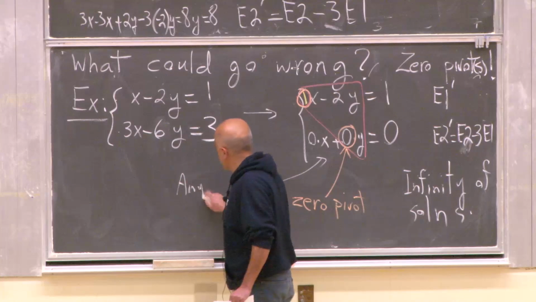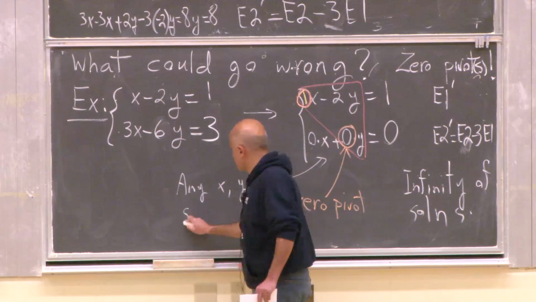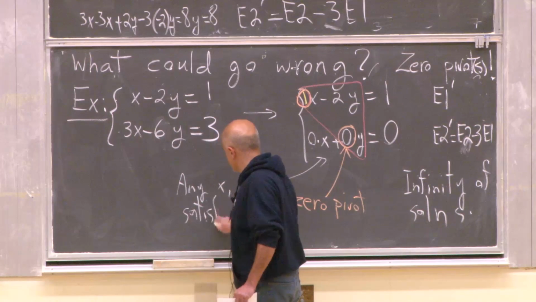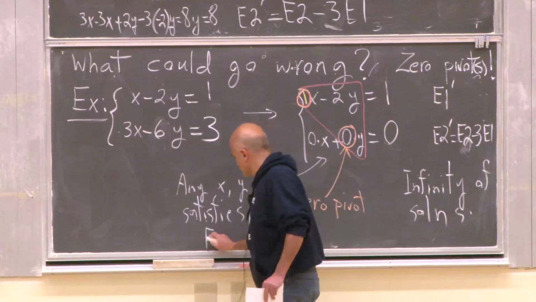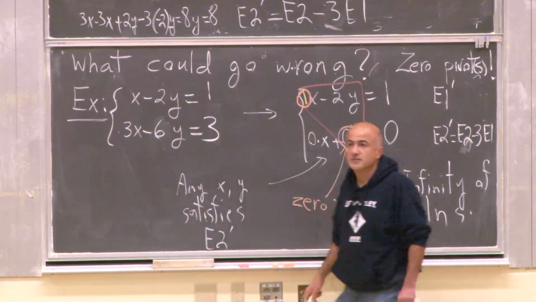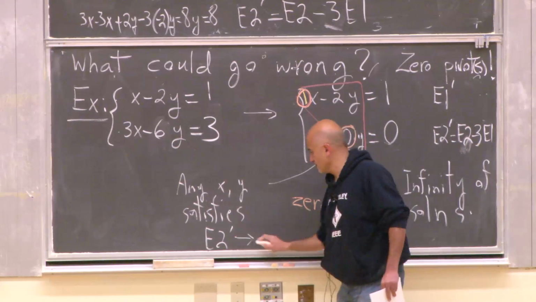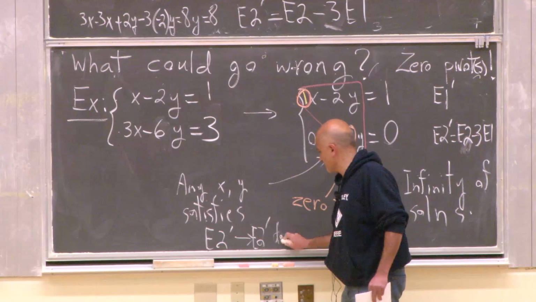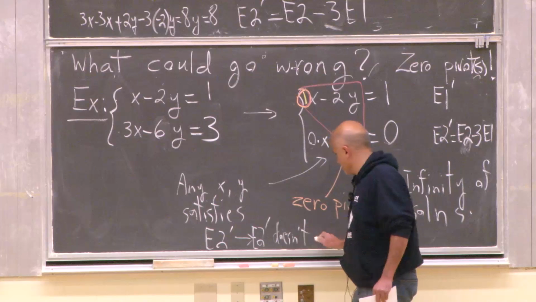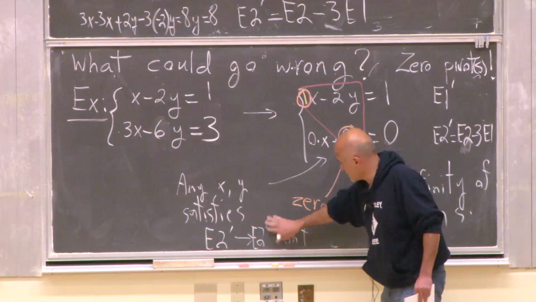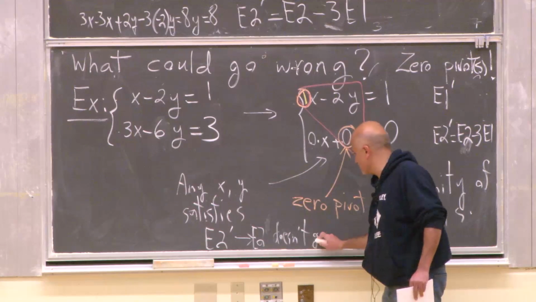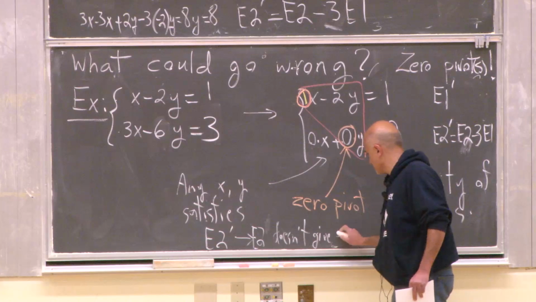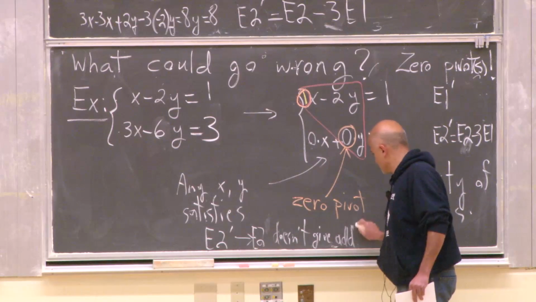Any xy satisfies the second equation. So E2 prime, or I should say E2, doesn't give additional information.